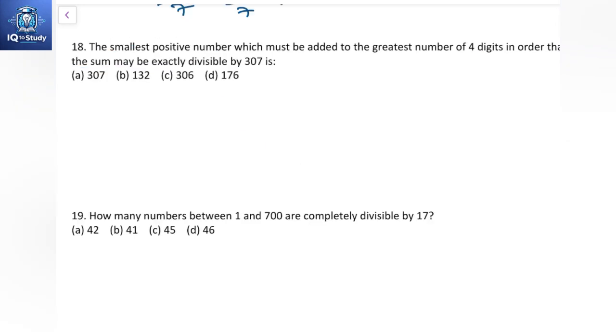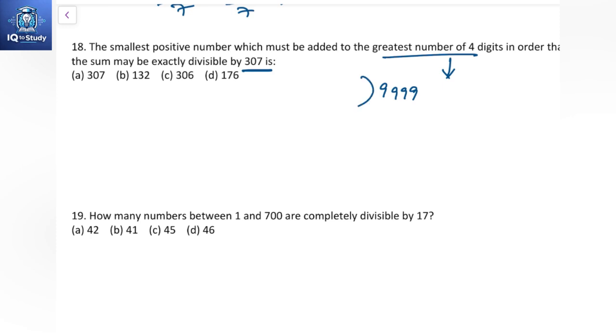The smallest positive number which must be added to the greatest number of 4 digits in order that the sum may be exactly divisible by 307 is... The greatest 4-digit number is 9999.